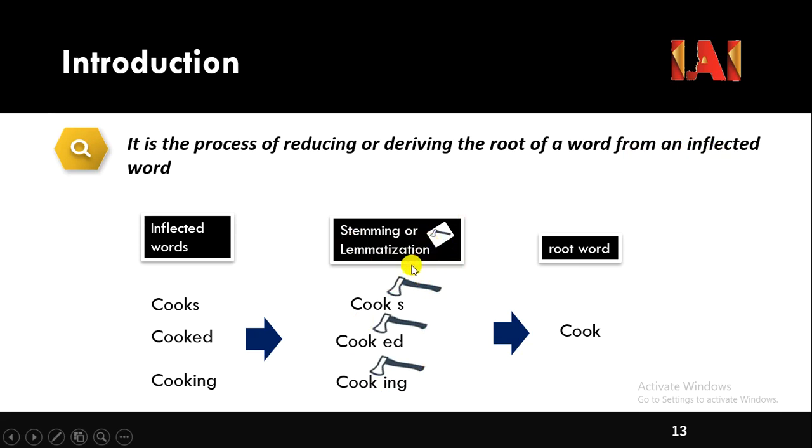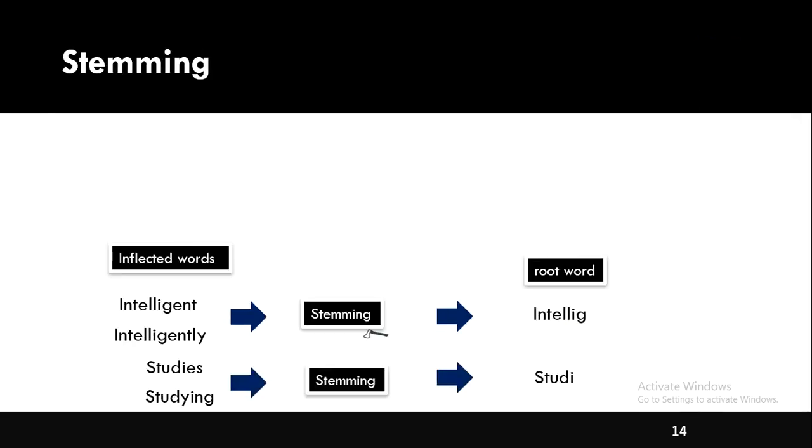When we use lemmatization, the accuracy is good. The derived root word is precise when you use lemmatization, whereas with stemming it may be precise, and for some words it may not be precise.